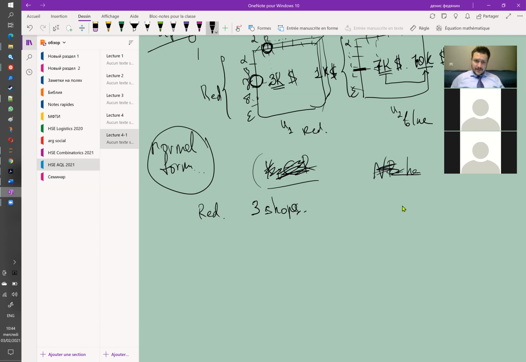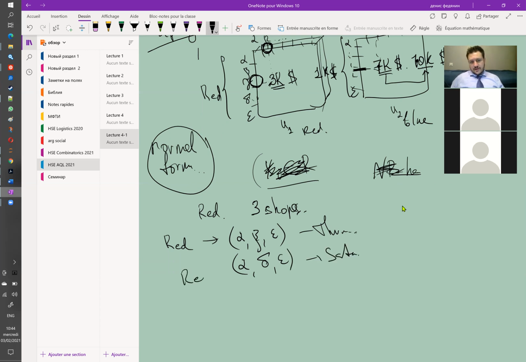Think about it as a vector. For example, he can place 1 shop to alpha, 1 shop to beta, and 1 shop to epsilon. That is the strategy of red for Tuesday. And for Saturday, maybe he wants alpha and delta and epsilon. And so on. But the main idea is that we have several numbers.